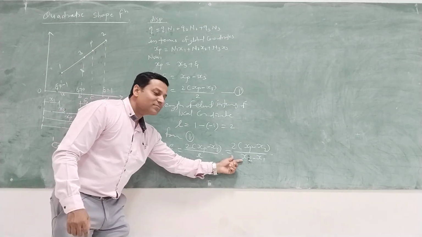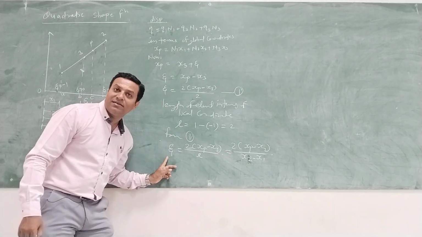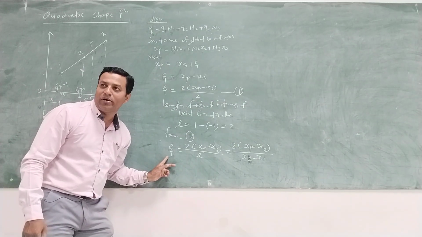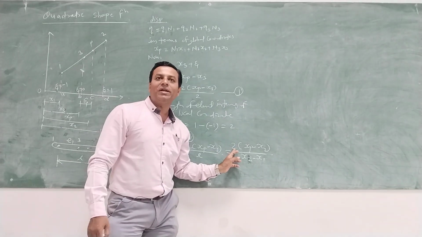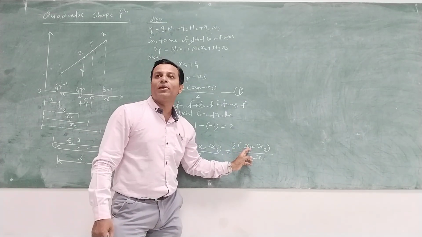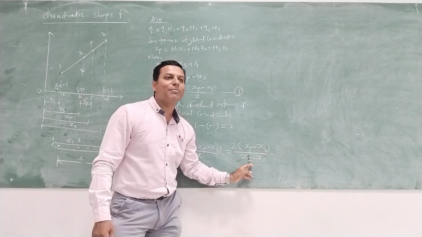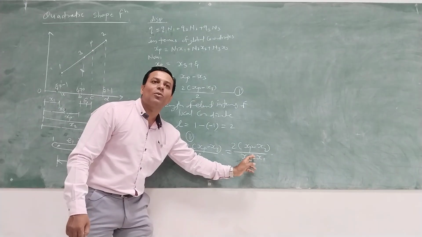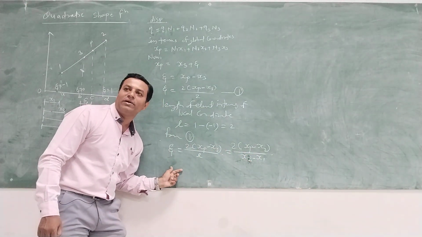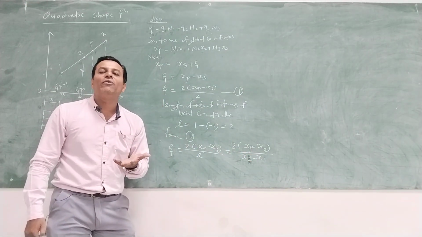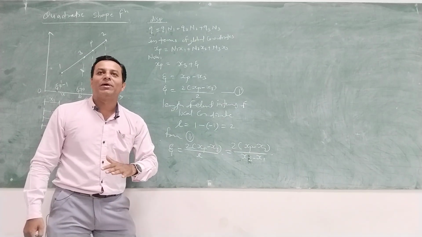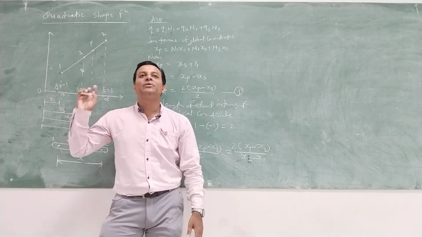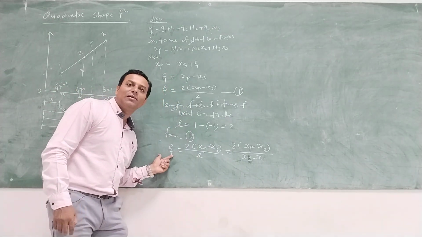Okay, now look carefully, this is zeta. Zeta means local coordinate. So local coordinate is equal to 2 times xp, global coordinate, minus x3, divided by x2 minus x1. So all the values come in terms of global coordinate, and this is the local coordinate. Normally we know the value of global coordinate, but for better representation to solve the problem easily, here we have introduced one more term and that term is local coordinate.